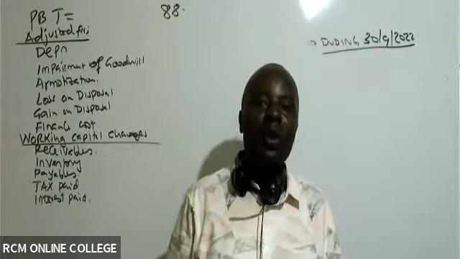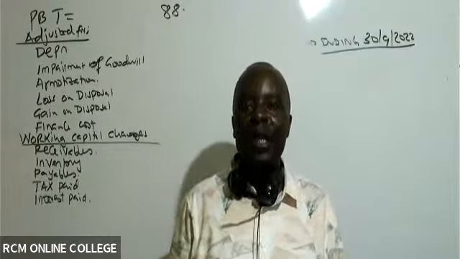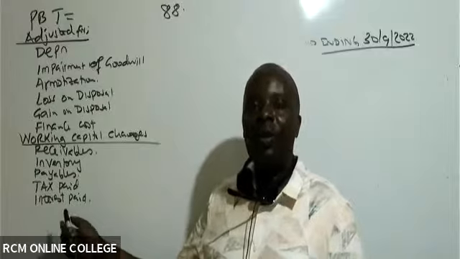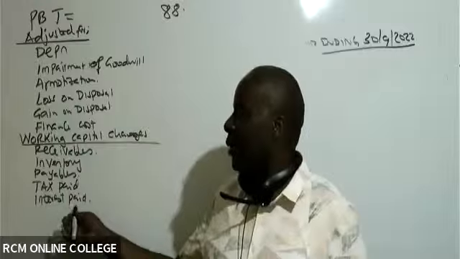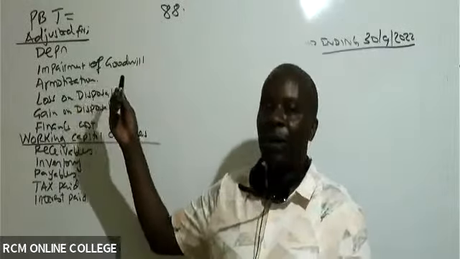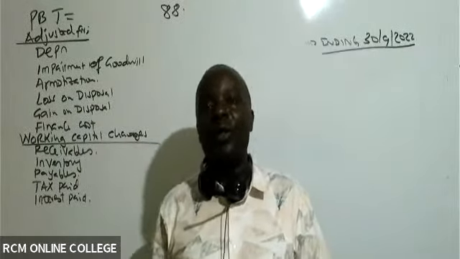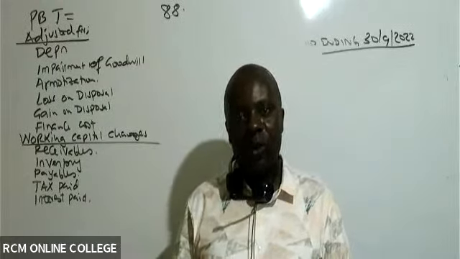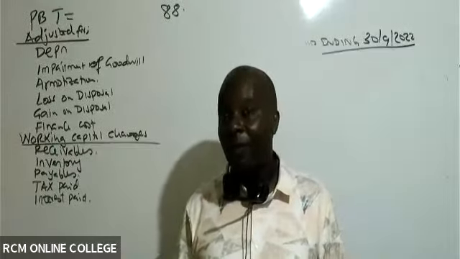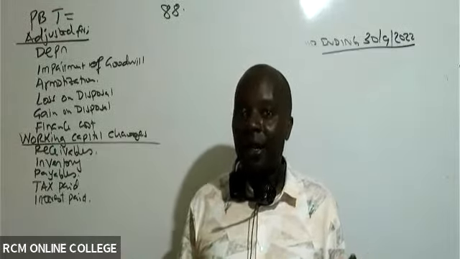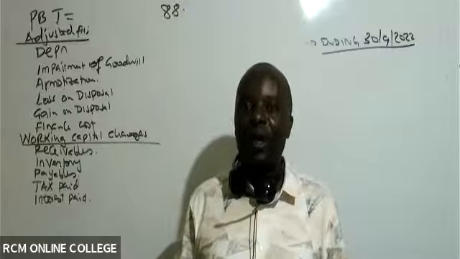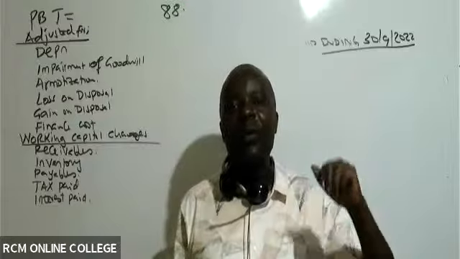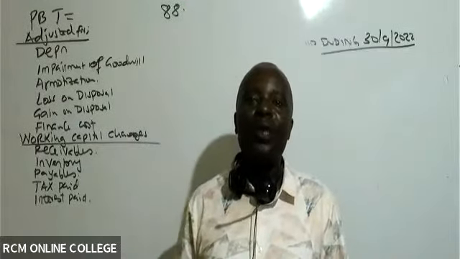Why do some scholars say we put it under operating activities? It's simply because, ladies and gentlemen, you can't operate without loans. If you're running a very big company like, for example, RCM, which is thinking about having a primary school somewhere, you can't operate without loans.